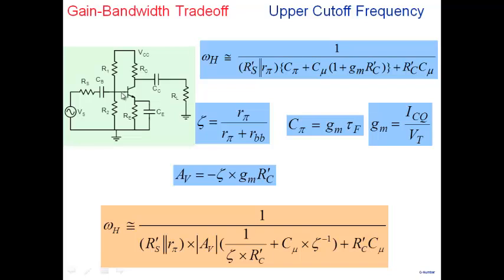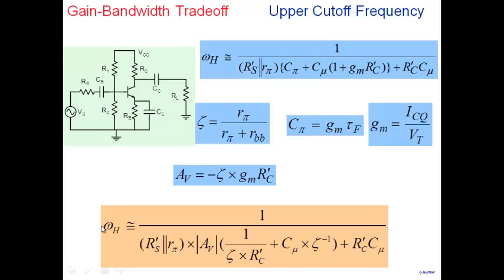And as collector base voltage changes, please recall that C mu is the collector base capacitance, so that depends on the collector base bias. So as you try to increase RC, the collector bias, this voltage here, decreases, and that will cause a change in C mu as well. So you have to look at that aspect also. And as this value changes here, omega h will also change.